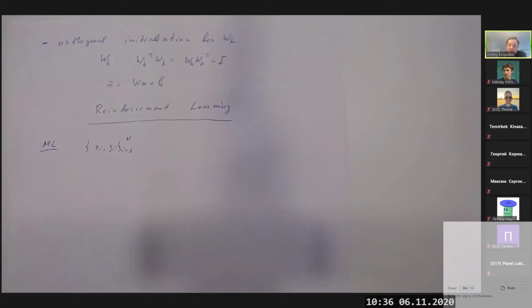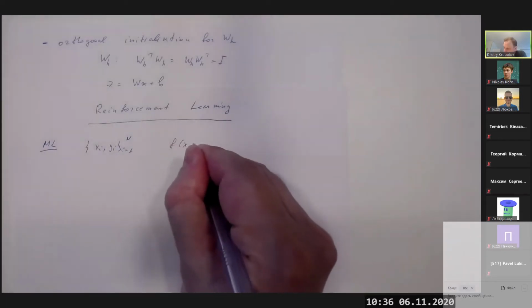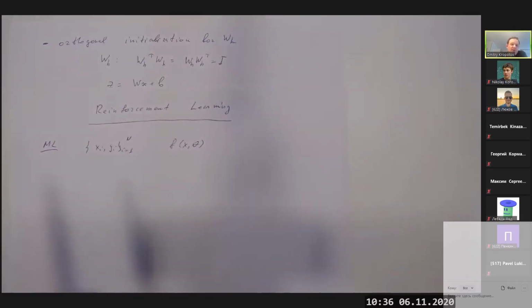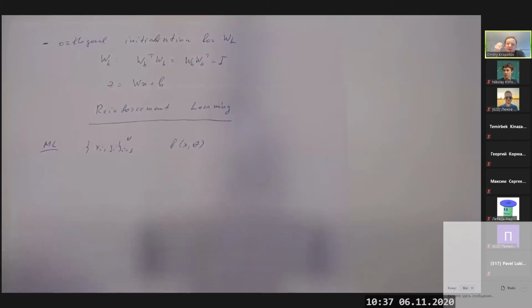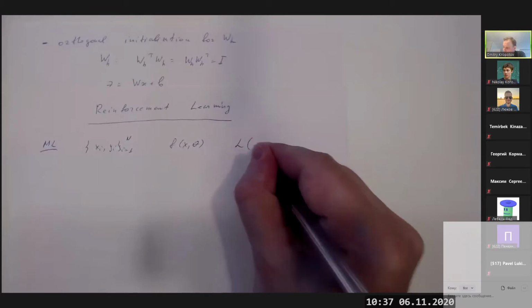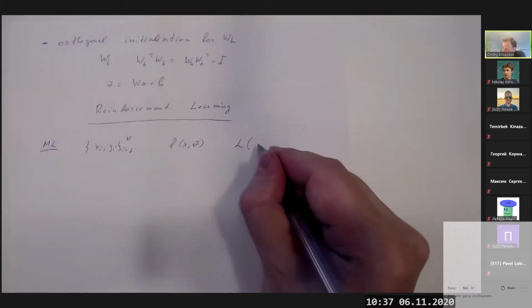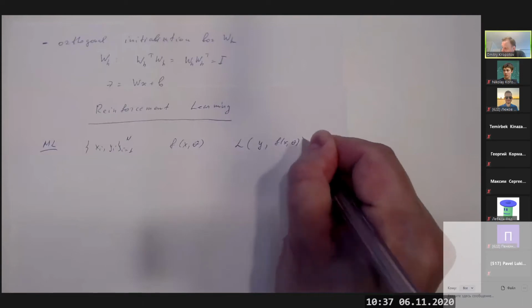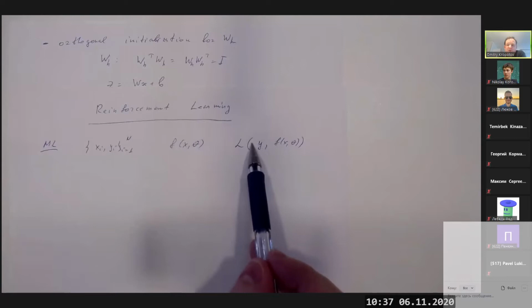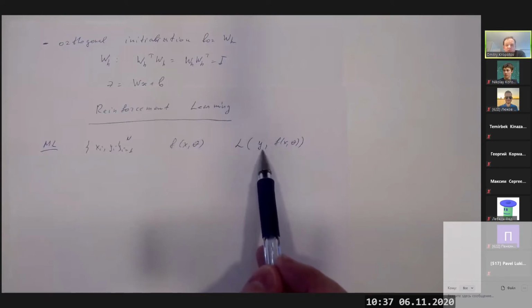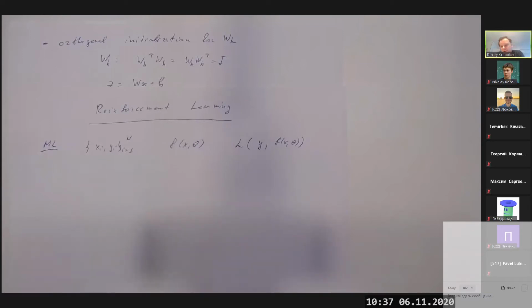We first collect this data set somehow, then we introduce a score function that takes our x as an input. It has some parameters theta, and this score function allows us to predict our target variables for the input x. And also we introduce what's called a loss function, some function that measures the difference between the true target variable and our score function f of x.